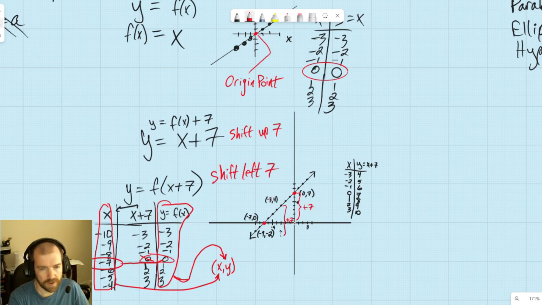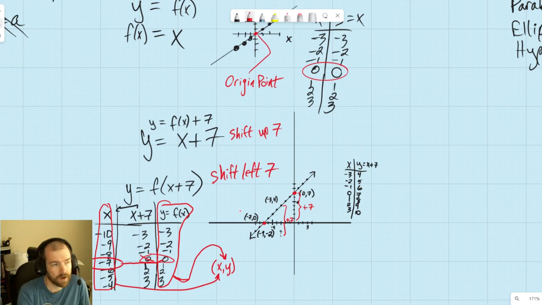So here we're taking this original origin point that used to be at 0, 0, and shifting it back to negative 7, 0. It's up to you which one you do. It could be a shift up or a shift to the left. Doesn't matter to me.